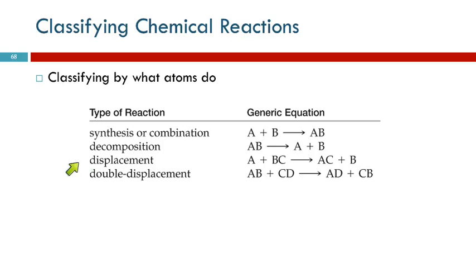The displacement, which is sometimes called a single displacement, here's where guy A went to the party by himself. And then you have this couple, guy B and girl C. And they go to the party, and C finds guy A a lot more attractive than the guy she came with, and so she goes home with him, and B goes home by himself. It could happen, right? So that's a different way of categorizing equations.